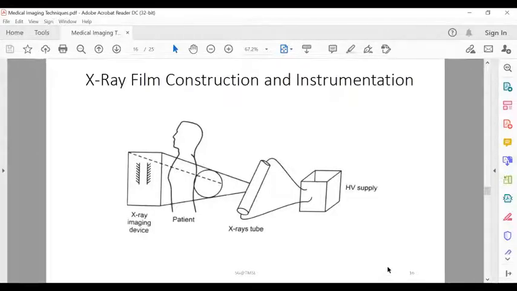Cardiac catheterization and three-dimensional visualizations are also available in X-ray machines. So X-ray is able to diagnose other than bones or metallic parts.